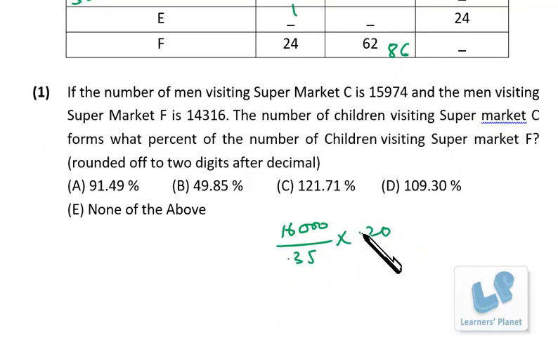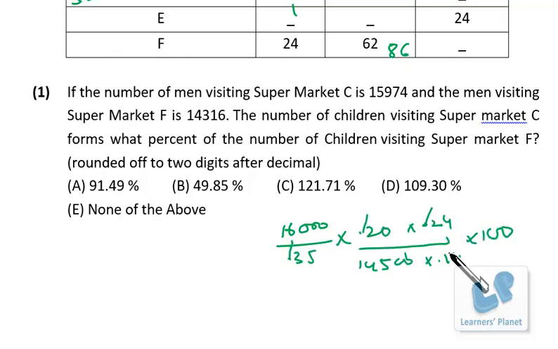Now this is the number of children in C. Now we have to write down the number of children in F. So I just write this down, 14,500, and total number of people will be this figure divided by 2.24, and this is a figure, and then number of children will be 14% of this. Okay, then we'll put into 100 to find out the percentage. So remove all decimals.